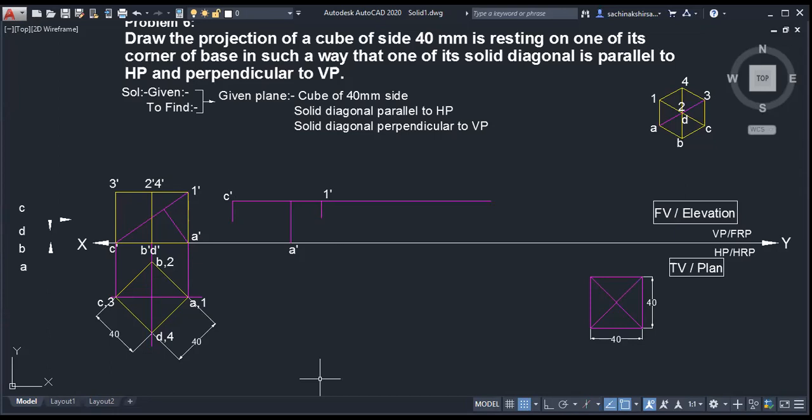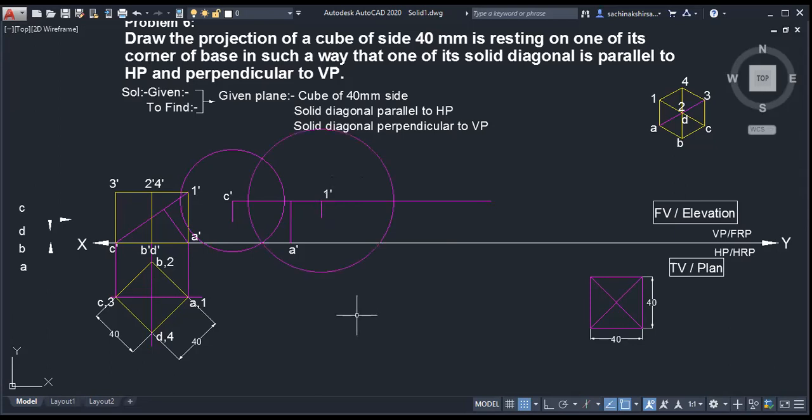We have to take the distance and mark an arc. C dash to 3 dash definitely will be 40, and 1 dash to 3 dash, how much will it be? 56, just check. 28 plus 28 is 56.